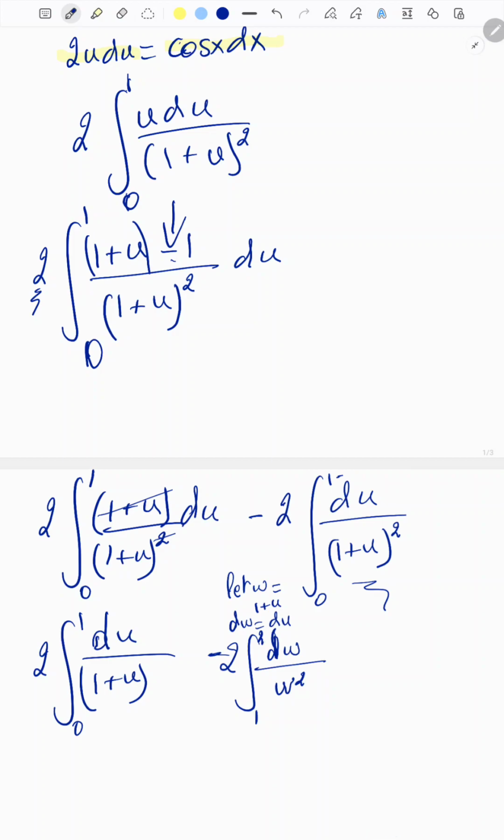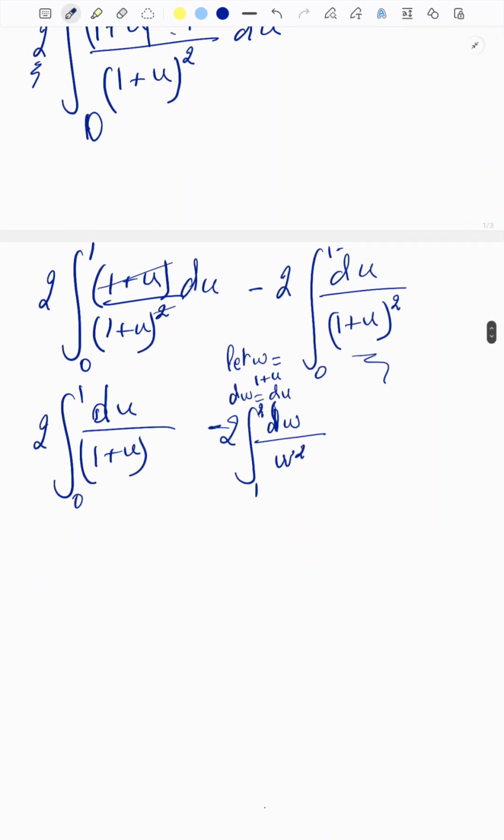So the first integral becomes ln of 1 plus u between 0 and 1, and I always put ln between absolute value, because ln of a negative number, or log of a negative number, does not exist, so it always has to be a positive number.